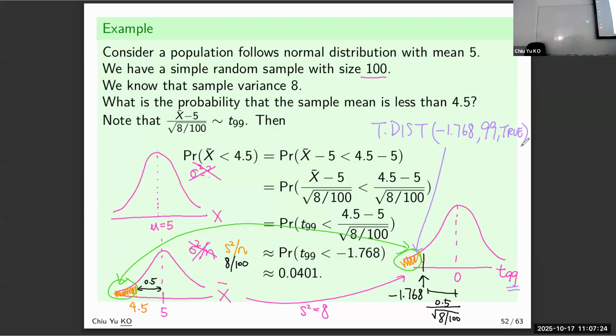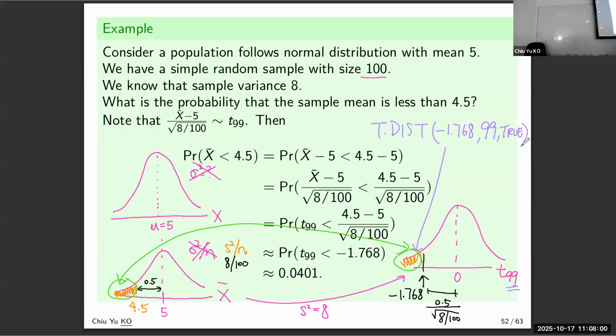So that's not too different from the Z, right? The only thing is you do the same procedure, but you don't use sigma, you use S, to say how many SD below or above the mean. And you don't check the normal table, you use the T table. Then you have to tell which table you look at, because T has many tables, while normal has only one. Which T table to check depends on the sample size minus 1.